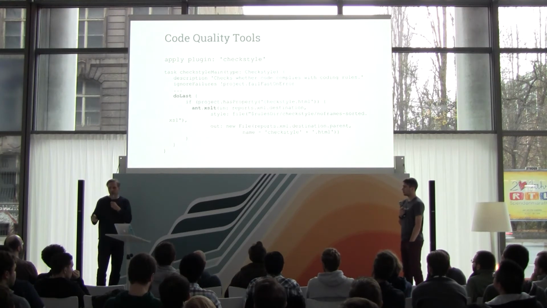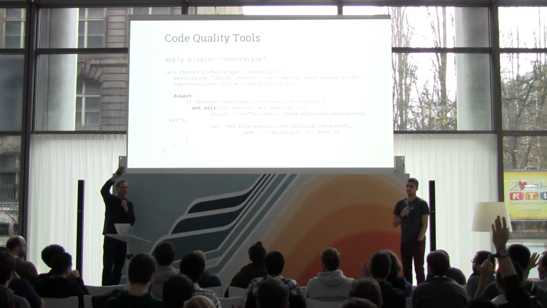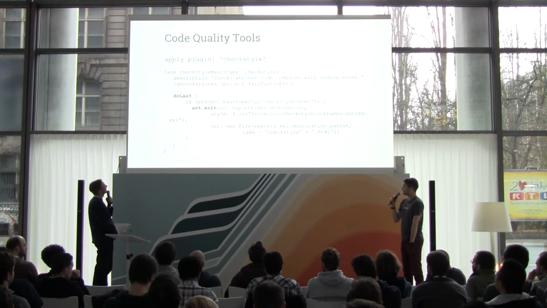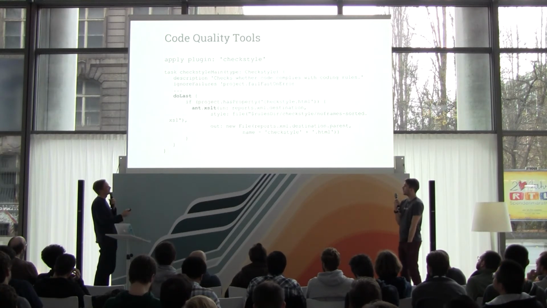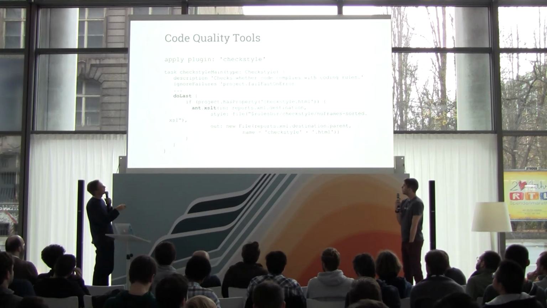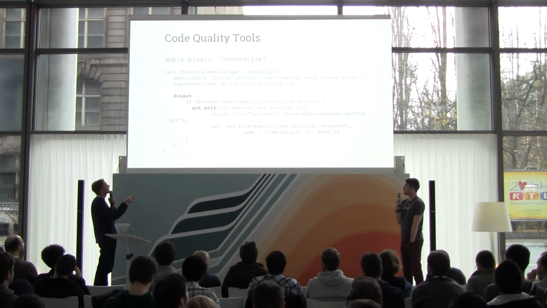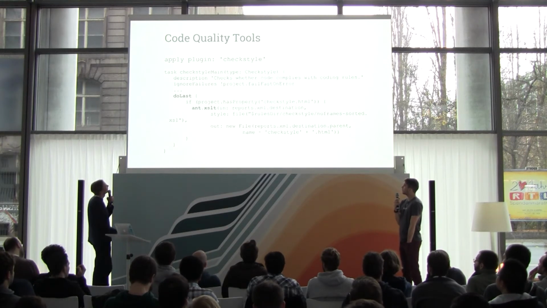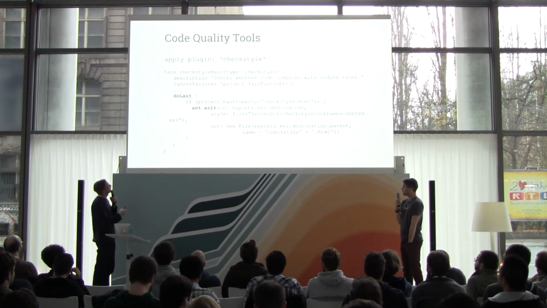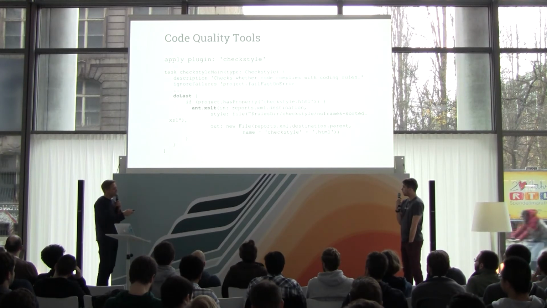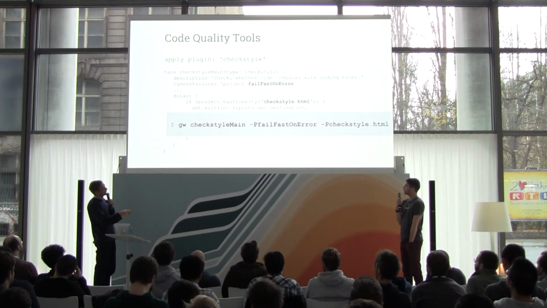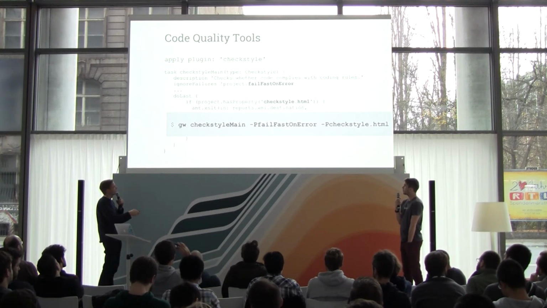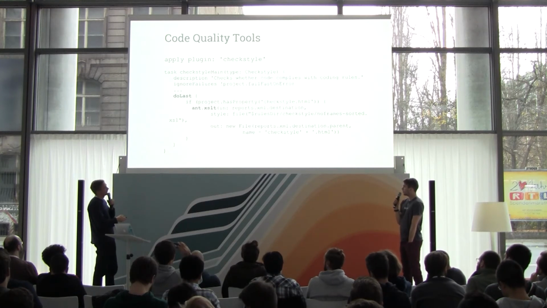And who knows Ant still? It used to be the default on Android, right? And it's still there, so you can still use it. All your Ant knowledge is still of use, and you don't even need to put it into XML. Again, you can use nice little Groovy syntax here. And we use it here, and it creates a nice little HTML report. And the same, we saw that earlier here, it's also managed via a property, so we just switch it on or we don't, depending on the use case.